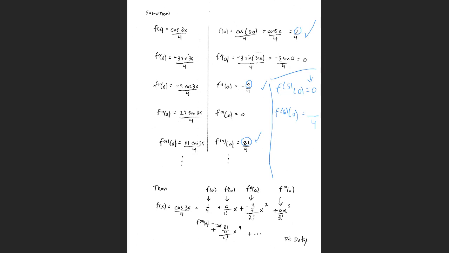And, you know, let me see here, one moment. What do you think is going to be in the numerator? Negative 729. Okay. Good, Maria. Negative 729. That's exactly right.